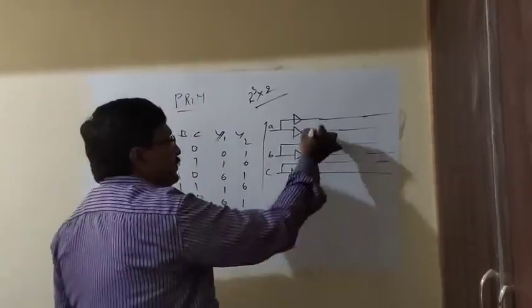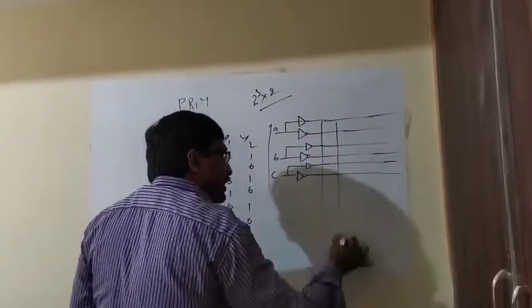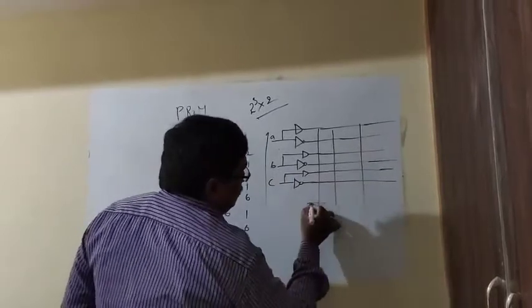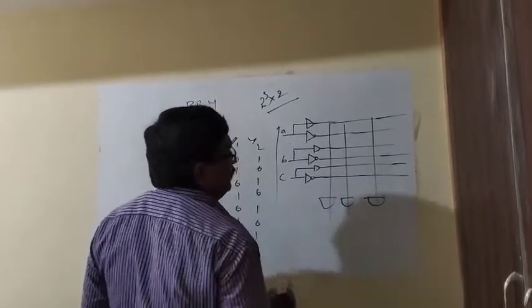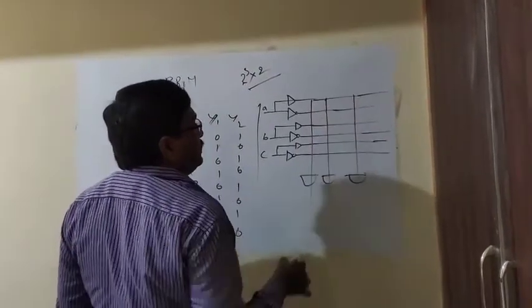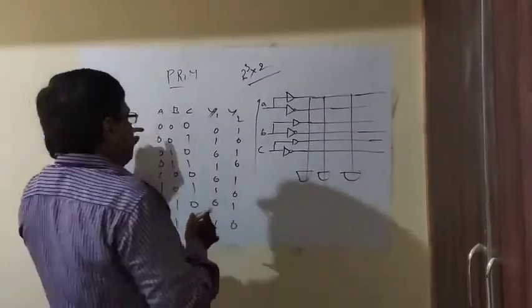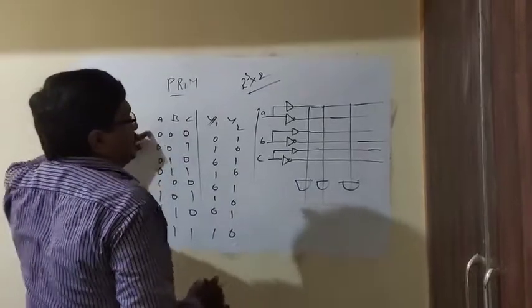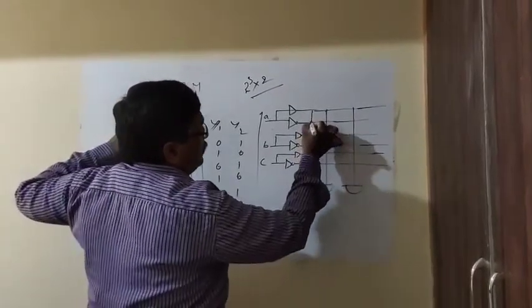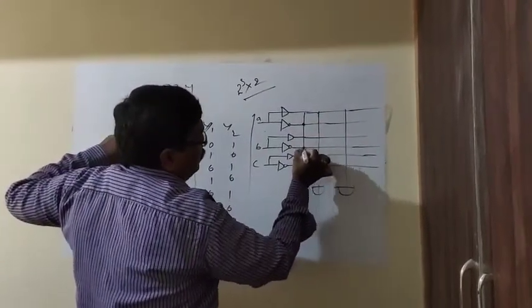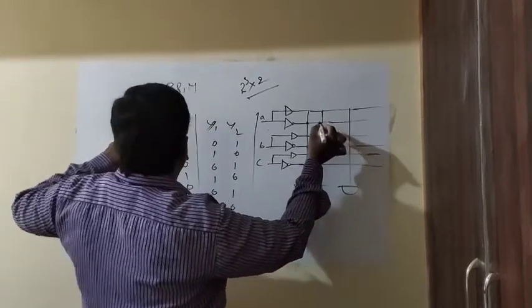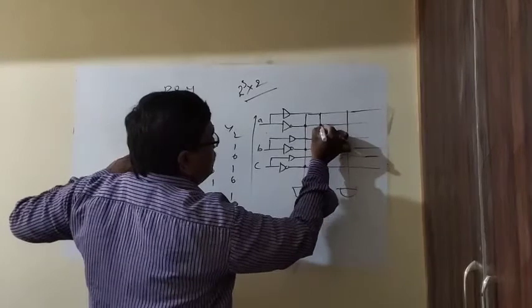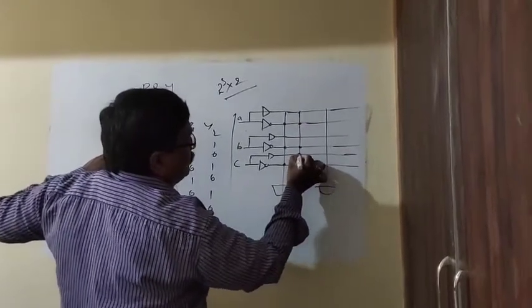So with respect to this, we will have the 3 AND logics, and this 3 AND logic is connected with the combination of the inputs represented. So one is 0 0 0, next 0 0 1, A is 0, B is 0 and C is 1.